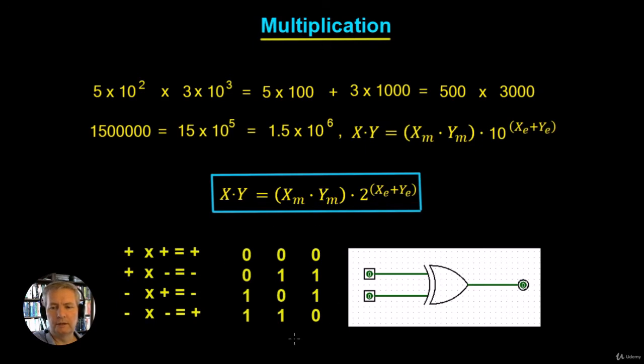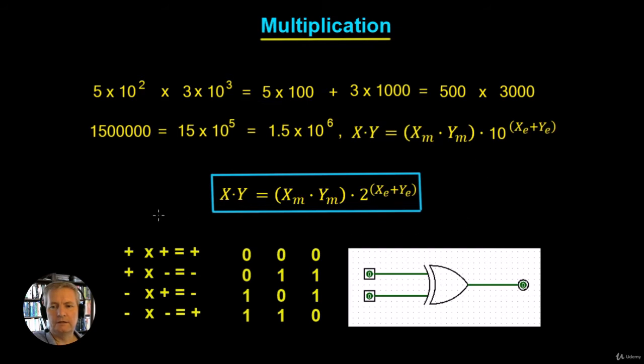If we have a little look at this, you may recognise this as the truth table for an exclusive OR gate, and I've got the exclusive OR gate drawn here. So in order to work out the sign value, we simply take the sign of the x value and the sign of the y value and exclusive OR them, and we'll get the sign of the output which has been multiplied.